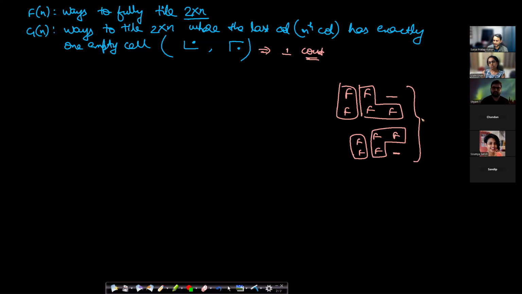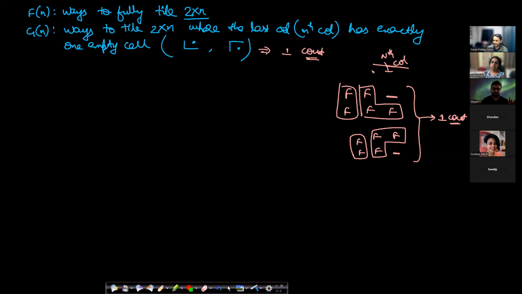These two configurations are counted as only one count in g of n. Because what g of n says is, in how many ways can I generate one empty cell in the nth column? It never said where I will generate it, whether on top or bottom, I don't care. I'm just defining this function based on the count. In how many ways can I get this?